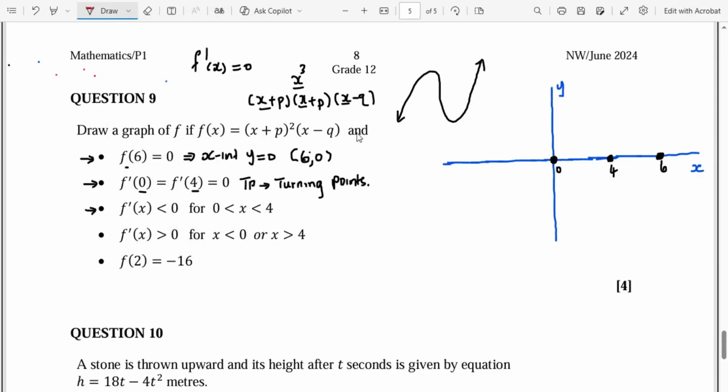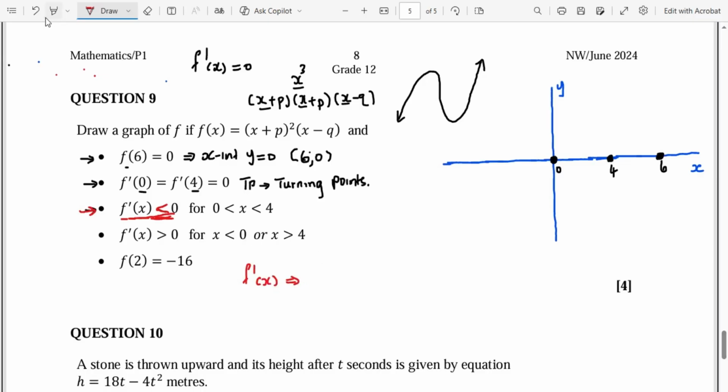Now look at the next point. They say f prime is less than 0. Guys, when we talk about f prime being less than 0, it's like, where is the graph decreasing? So f prime less than 0 tells us whether the graph is increasing or decreasing.